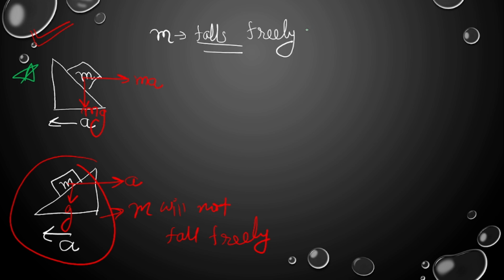So here, falls freely means what? N will be 0. What is the meaning of free fall? The meaning of free fall is N is 0. So for that, we have something like this. This angle is theta and this angle is theta. So this component is mg cos theta and this component is ma sin theta.